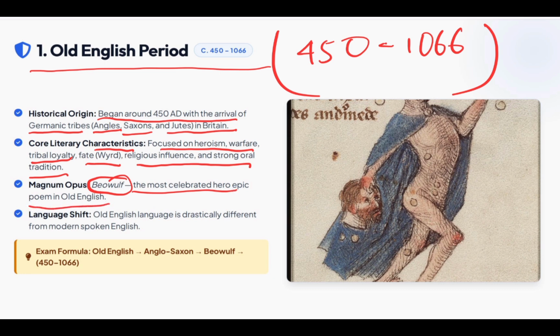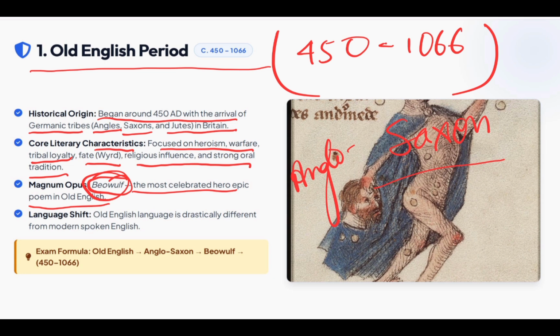The Old English period is also called the Anglo-Saxon period. It begins around 450 when Germanic tribes such as the Angles, Saxons, and Jutes came to Britain. The most important work associated with this period is, as I said, Beowulf, an epic poem and one of the most important texts in Old English literature.